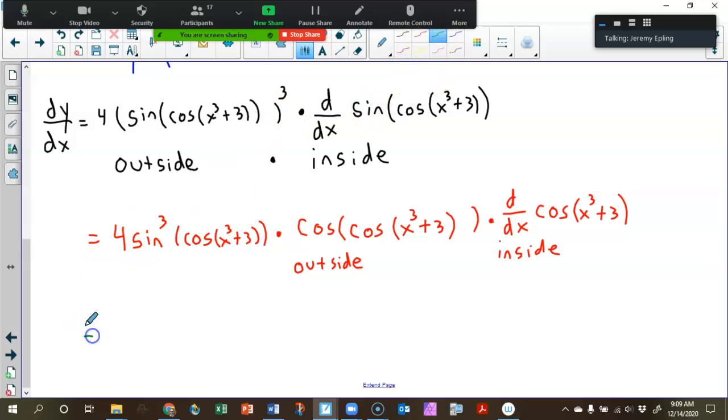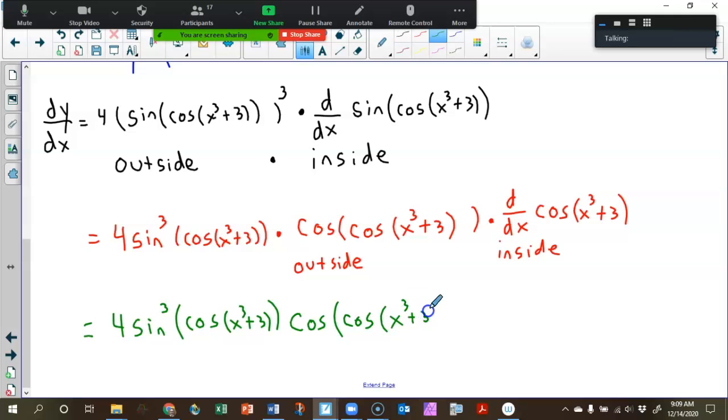So we have 4 sine cubed of the cosine of x cubed plus 3 times the cosine of the cosine of x cubed plus 3 times, okay, so we're going to do our chain rule.